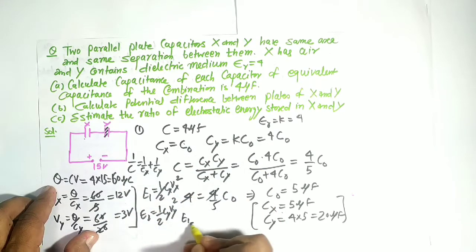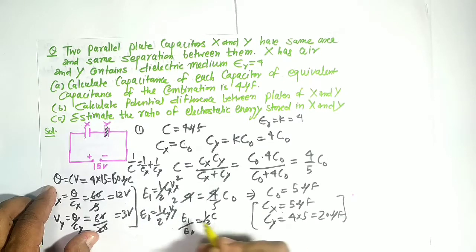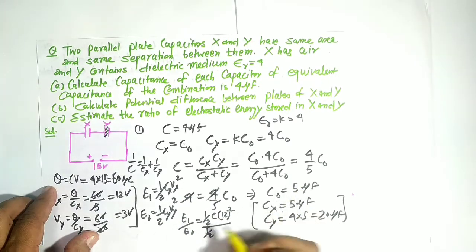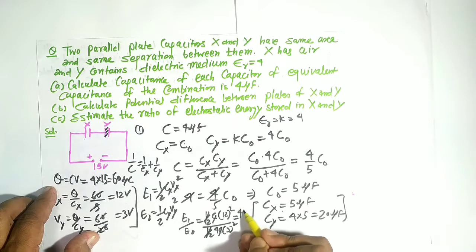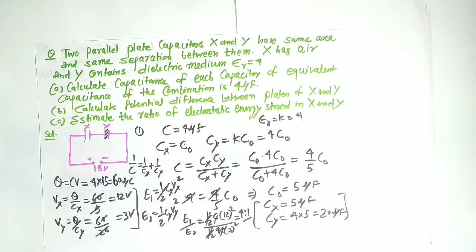If you take the ratio E1 by E2, it is half Cx, and in place of Vx it is 12 square, and then half in place of Cy, it is 4 times C, and the potential difference is 3 square. So you calculate it, the ratio you get is 4 ratio 1, because 12 square is 144, and 9 fours are 36, and then you calculate 4 ratio 1. So these are the three answers.